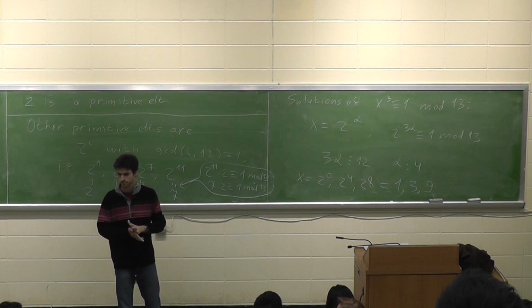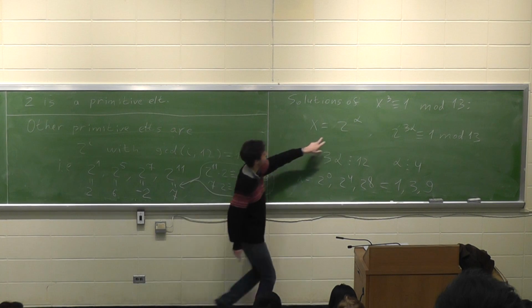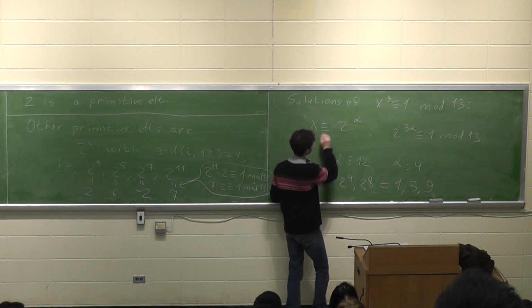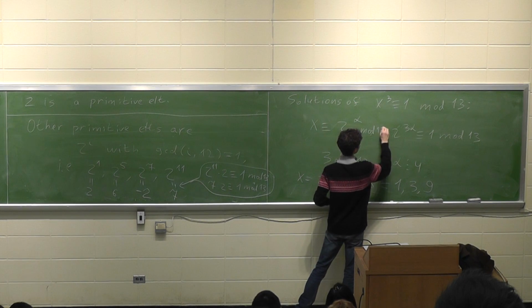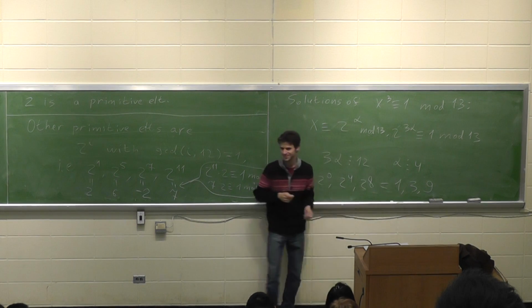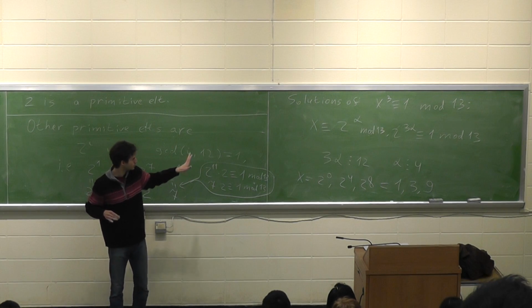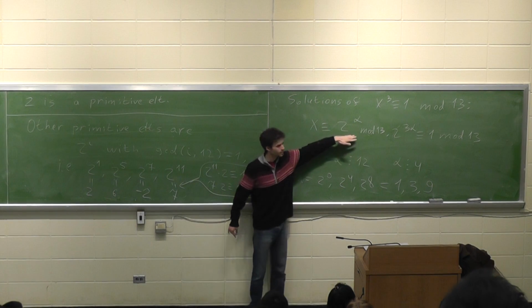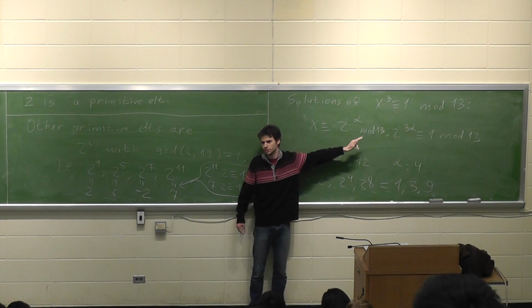Wait, how do you know that x is a power of 2? So this is of course in the sense of modulo 13. Sometimes I forget saying that I am working modulo 13, but every element which is not equal to 0 is a power of 2 modulo 13.